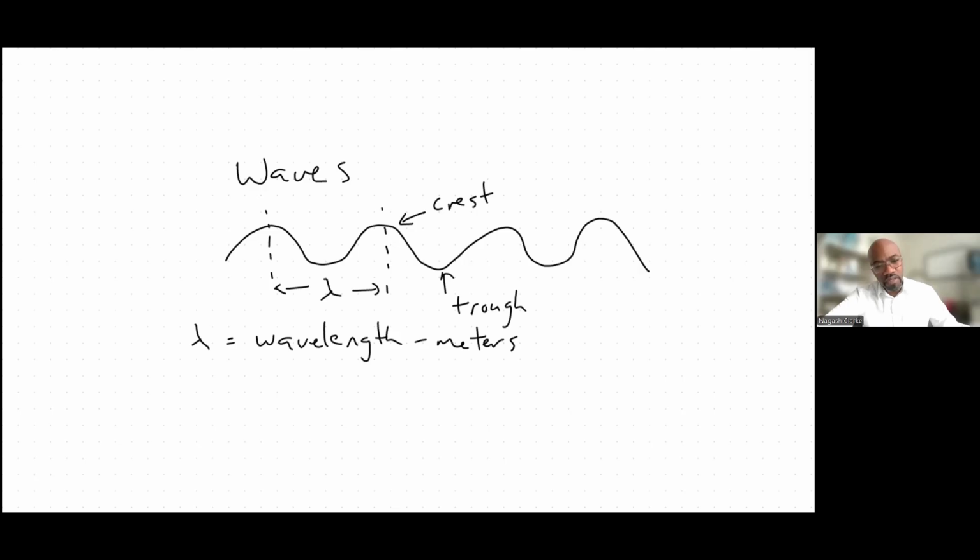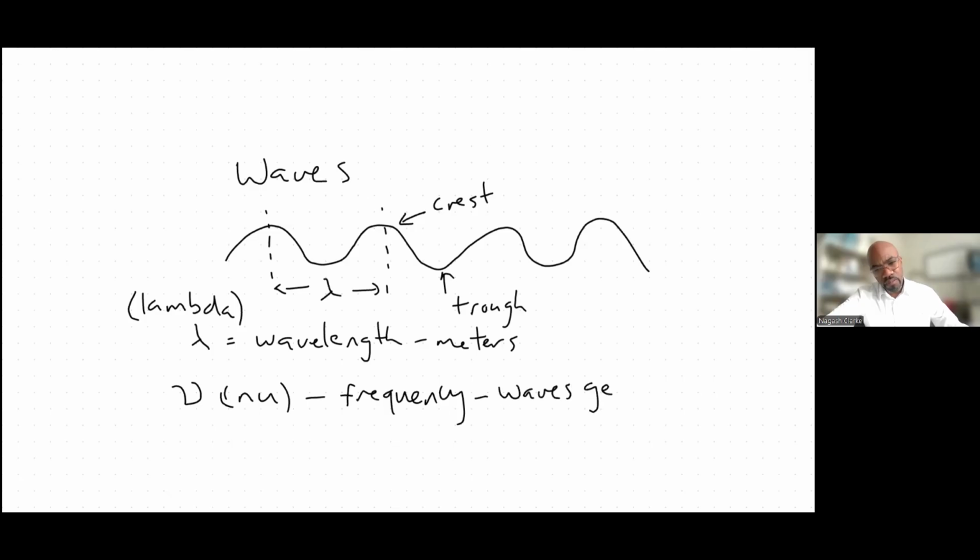The frequency, or nu, is pronounced nu, it's a Greek letter. Lambda is spelled L-A-M-B-D-A, and it looks like an H. Frequency is waves generated per second.